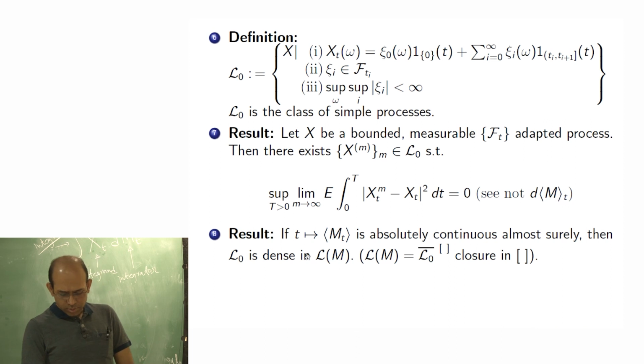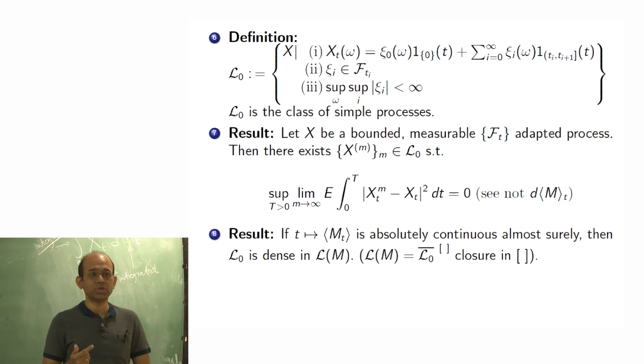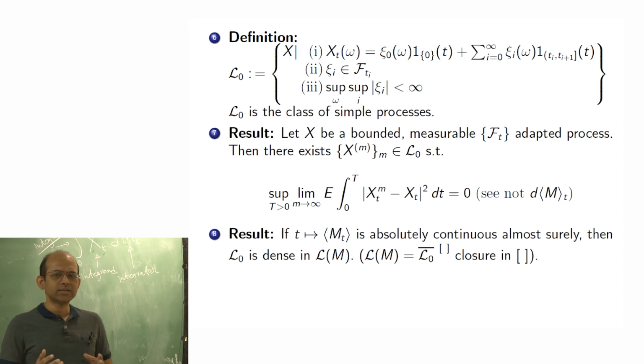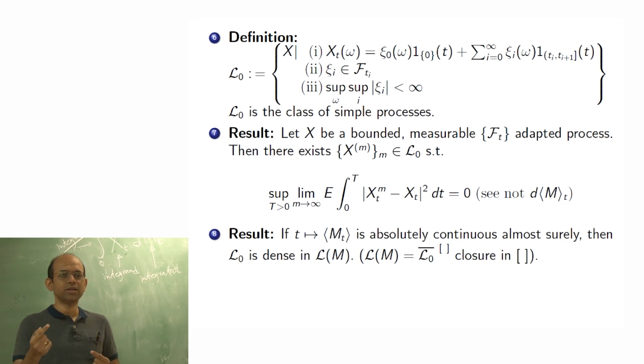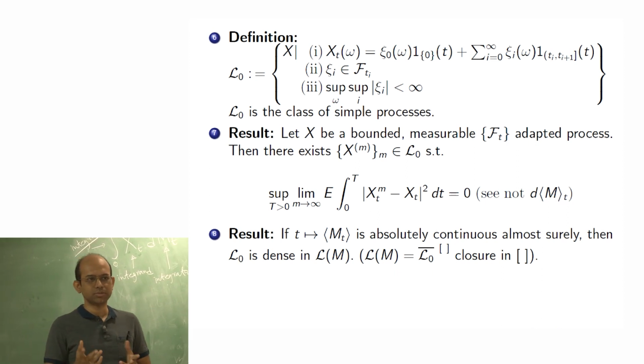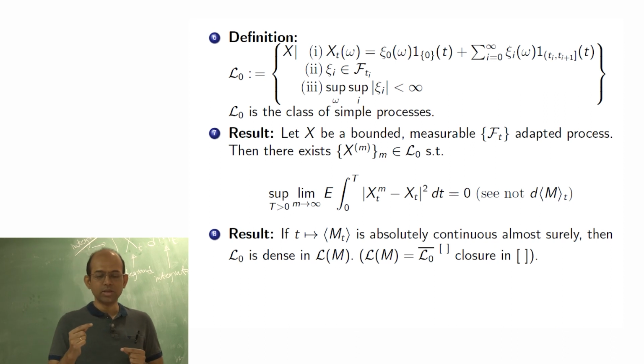So, what is the bottom line? The bottom line is that I cannot assure L0 to be dense in L(m) for any arbitrary m, only if m satisfies some nice property. Say m is such that its quadratic variation process, which is the increasing process, is also absolutely continuous. Any analysis student would know that there is a pathological example of an increasing continuous function which is not absolutely continuous, the Cantor ternary function, correct.